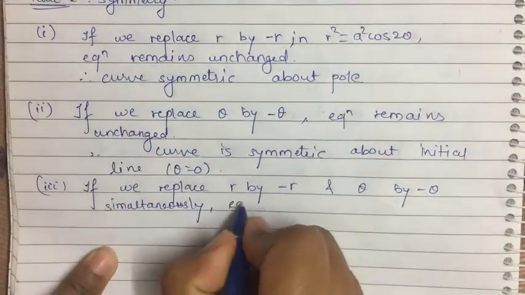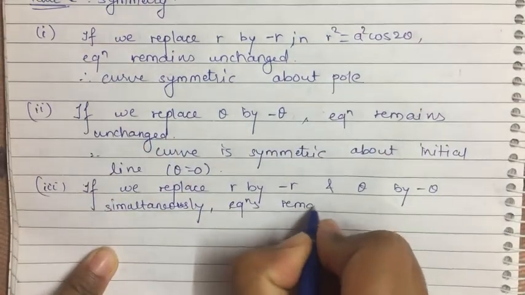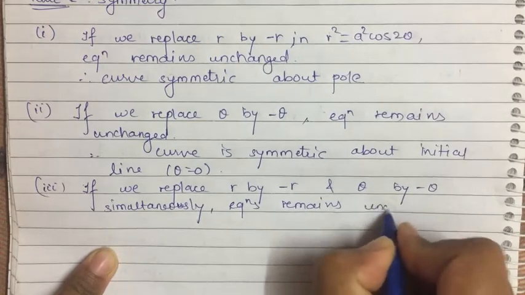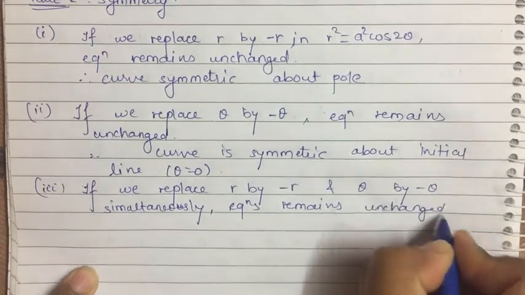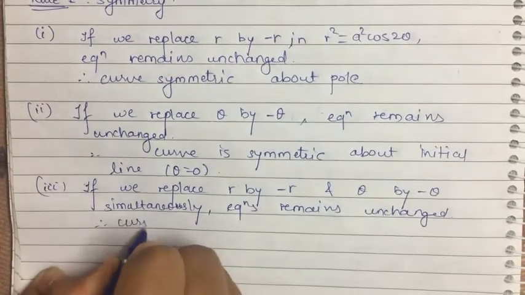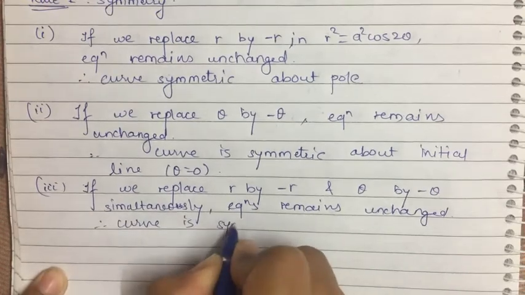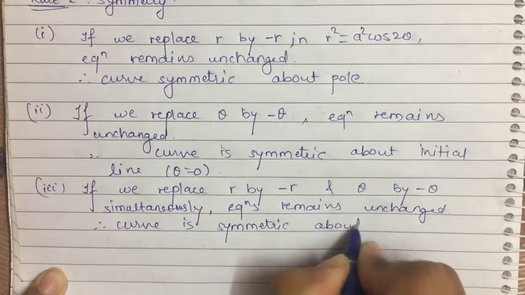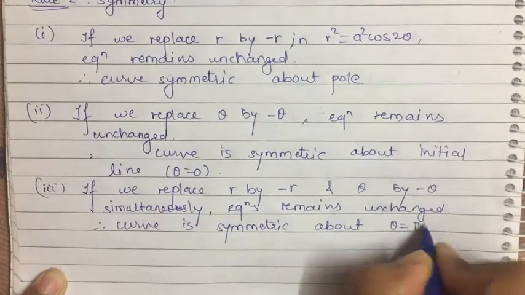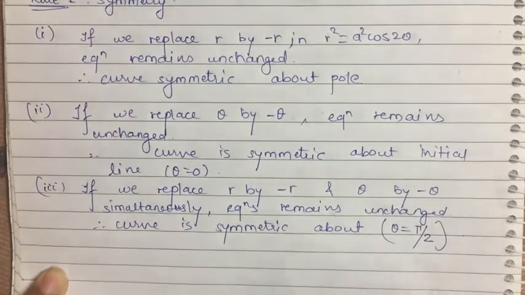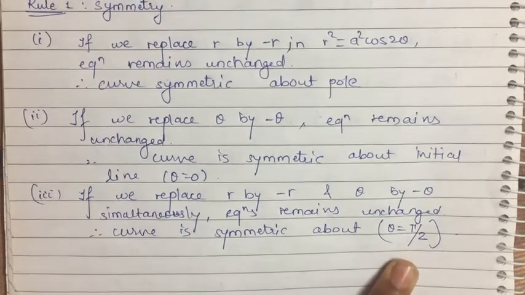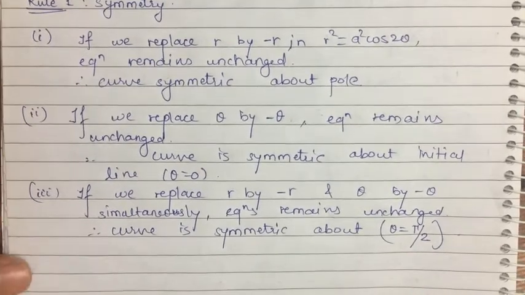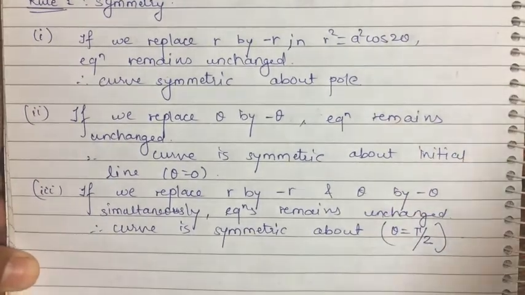So again the equation remains unchanged. Therefore the curve is symmetric about theta equal to pi by 2, that is in Cartesian, or in simple way we can say y-axis. Okay, so this is symmetry.